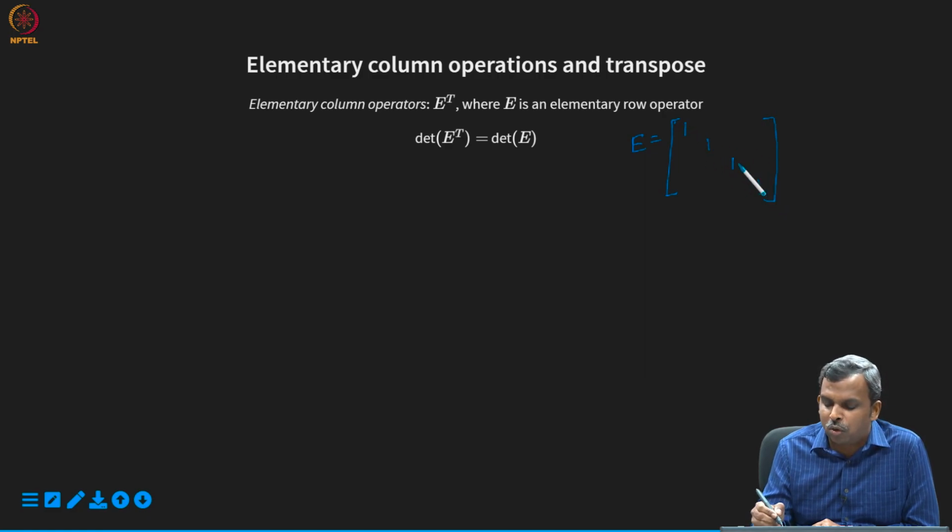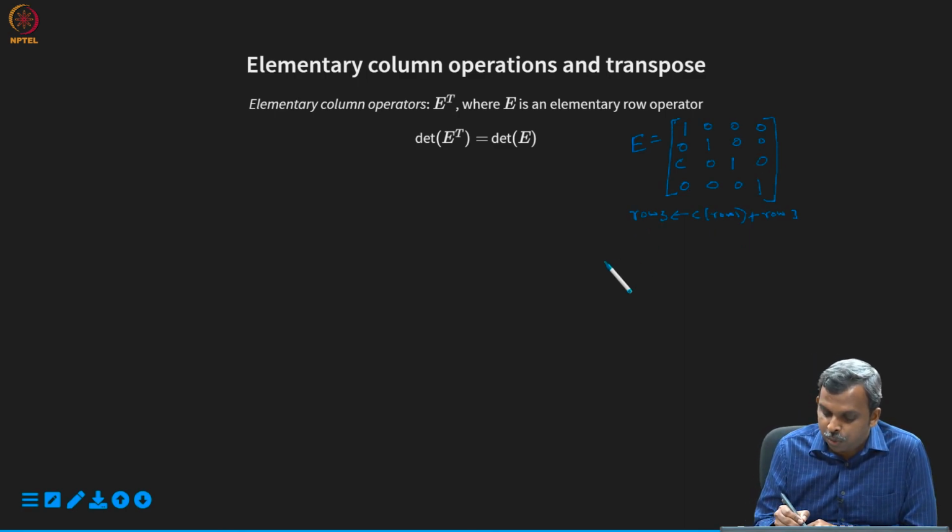So let's take a 4x4 matrix, and then maybe row 3 became some C times row 1. So let's take this matrix for instance. Okay, so this basically represents row 3 equals C times row 1 plus row 3, right? So this is this matrix.